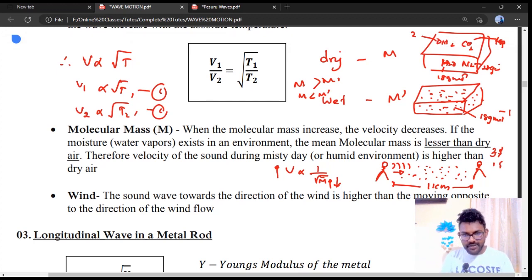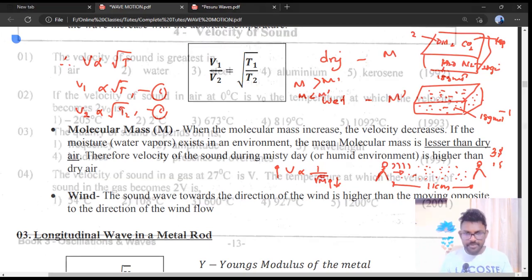So when you have a wind towards the same direction in which the wave is propagating, it increases the velocity, and if it is in the opposite direction, the velocity will decrease. That's how you find the velocity of the longitudinal wave, which means the sound wave propagating through air.